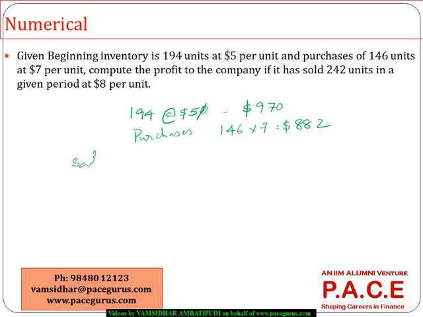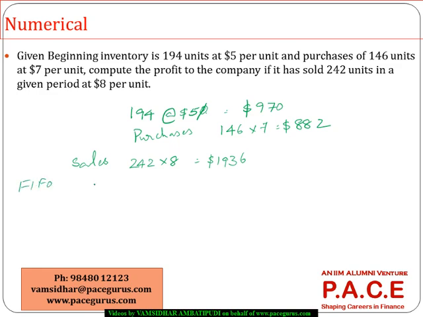So revenue or sales: 242 units at $8 per unit. So the revenue does not change. So $1936 is the revenue. Now what would be the cost of goods sold when I go with FIFO?